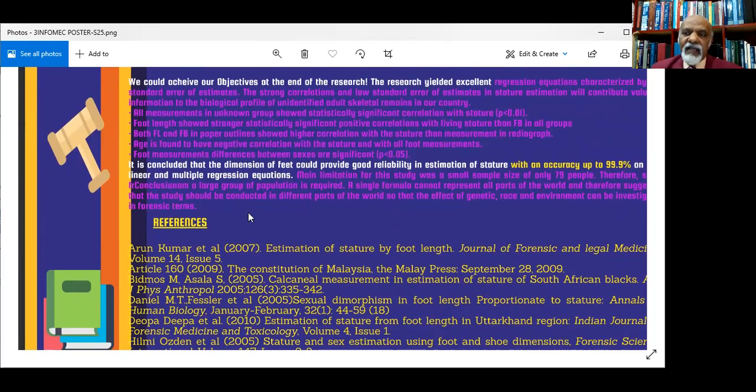So the overall result is 99.9% accuracy, and this is repeatable, and we recommend this to be followed in many states of Malaysia, and we also recommend that this study can be repeated everywhere in the world, and this will become one of the important studies in the identification of missing individuals or victims.